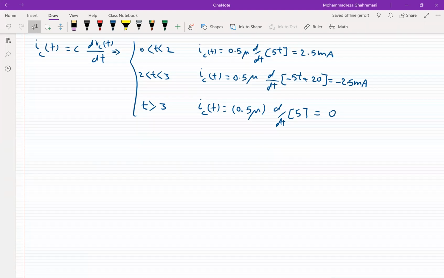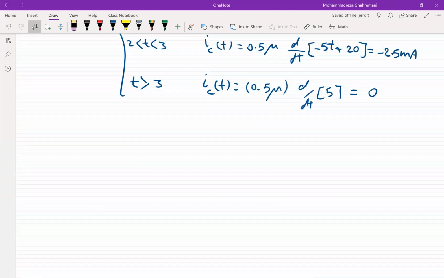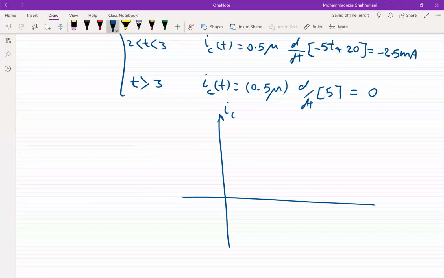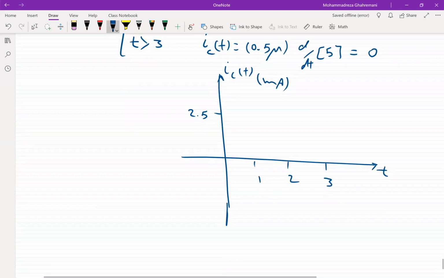Let's draw the current characteristic. So here is the current curve, IC of t, here is t, time 1, 2, 3 milliseconds, and we have 2.5. The current is in milliamp, and we have negative 2.5.